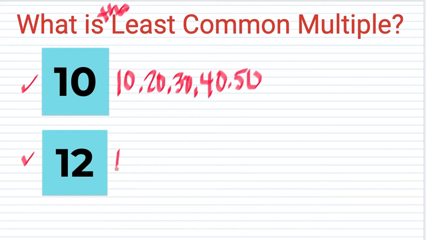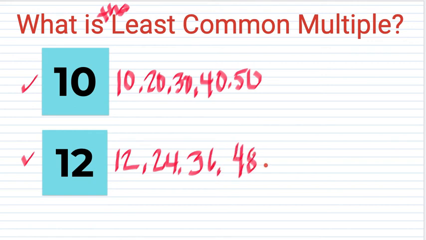Now we can have 12, 24, 36, 48, and 60. If there's something wrong with my numbers, you have to comment down below. 12, 24, 36, 48, and 60. I guess all the numbers are correct. Can we find any common number?